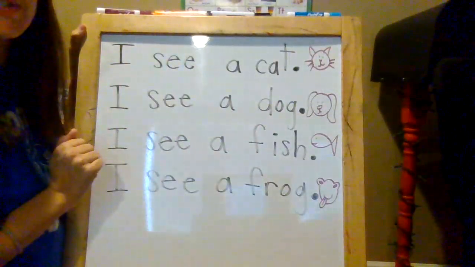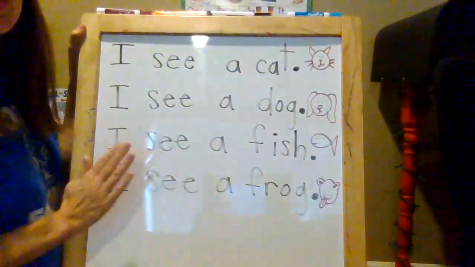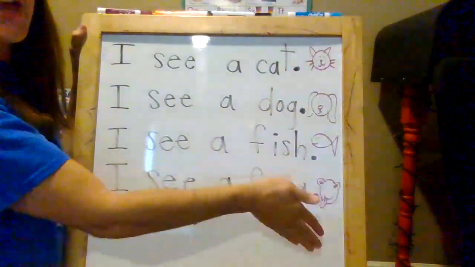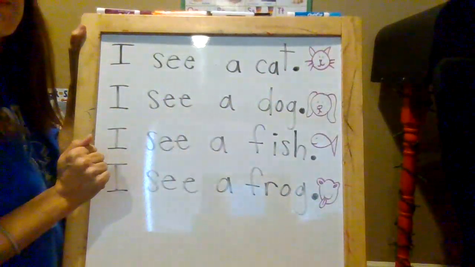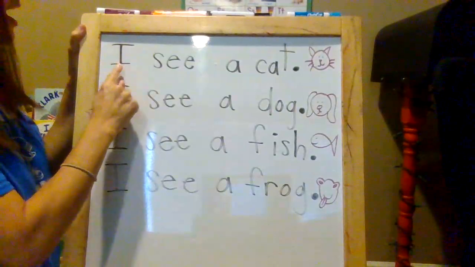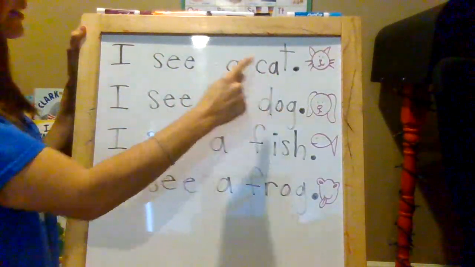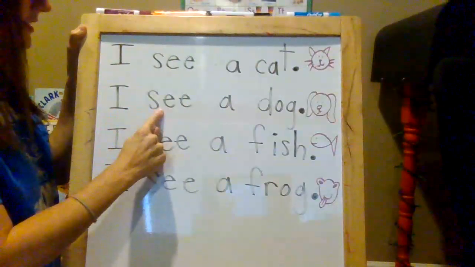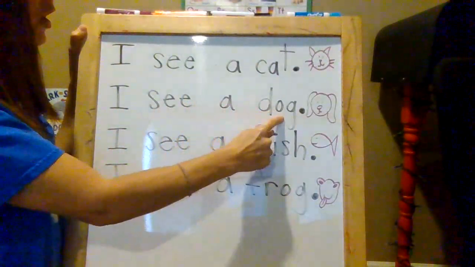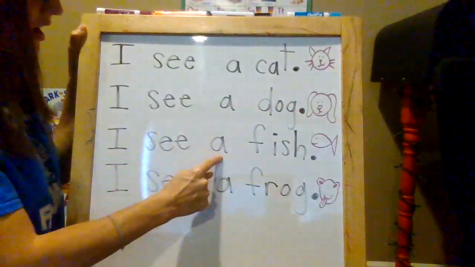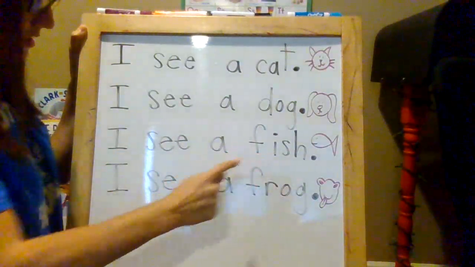Let's read it one more time, and then you are going to write a sentence that starts the same, but your ending will be different. Here we go. I see a cat. I see a dog. I see a fish.